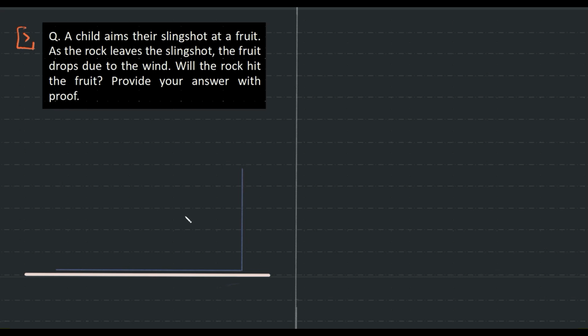Basically the kid is over there and the fruit is over here. So we can call this H, and we can call this R. Let me make it very clear. This length is H and this length is R.